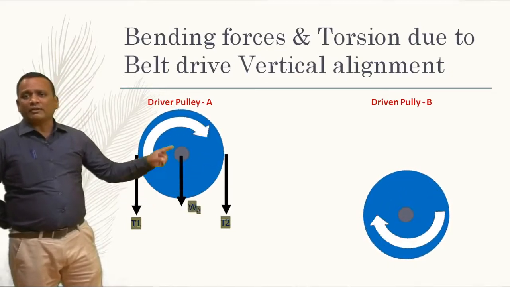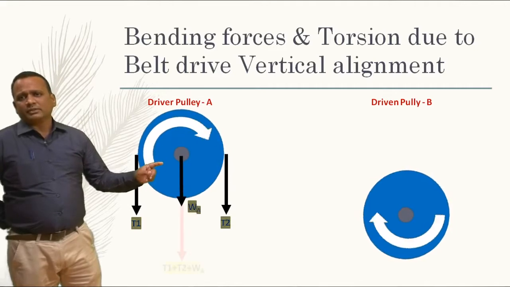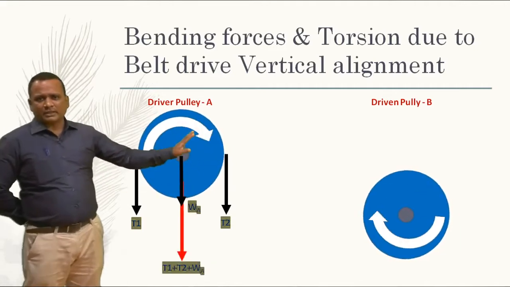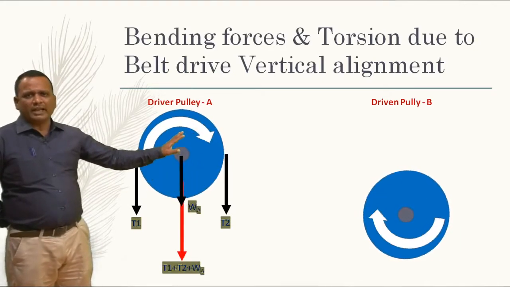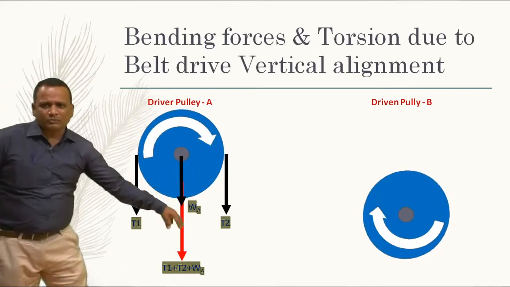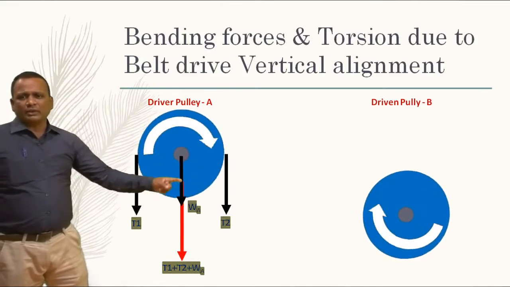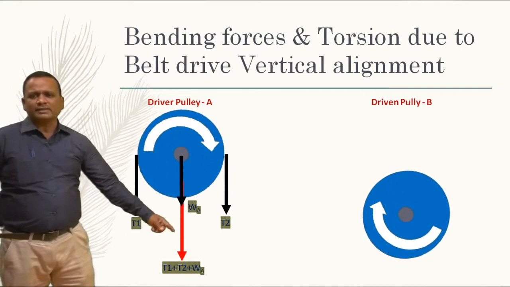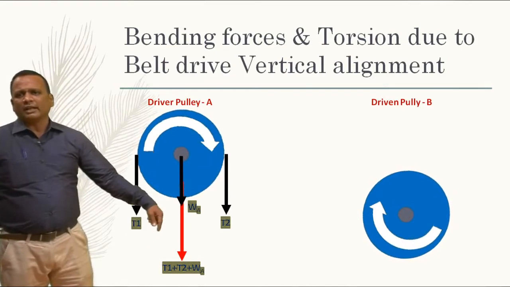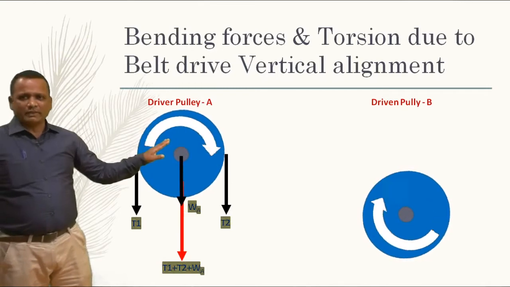Then one more thing we have is the weight of the pulley. So in this arrangement, where pulley A transmits power to the pulley at the bottom, the summation of only the vertical forces will be T1 plus T2 plus WA, the weight of the pulley.